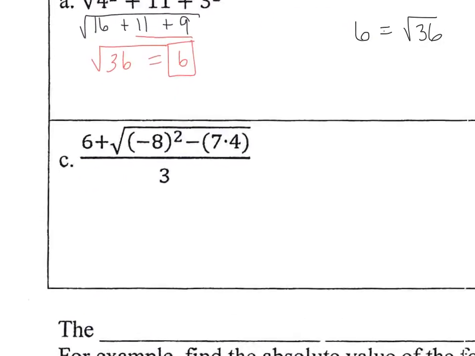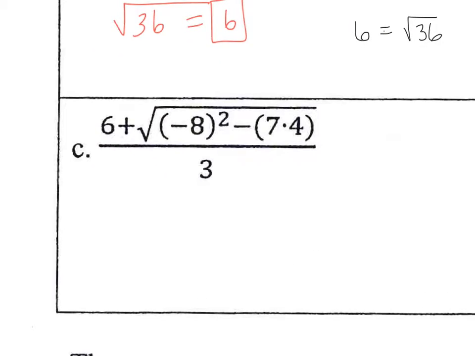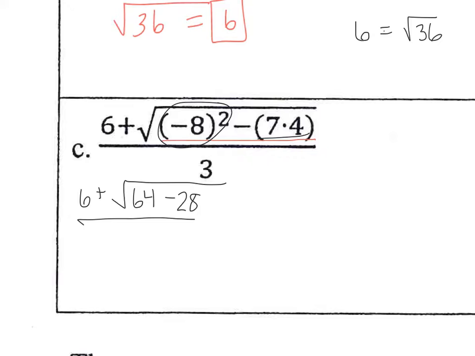And then C, remember square roots act like grouping symbols, so I'm going to do this part first. So it's going to be 6 plus the square root of negative 8 squared, which is positive 64, minus 7 times 4 is 28, over 3.